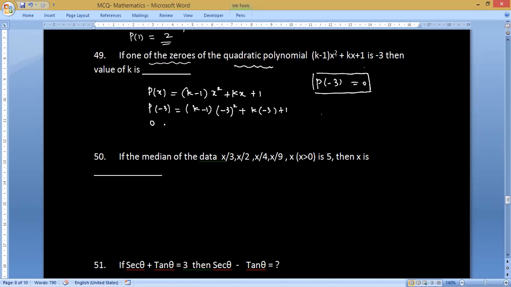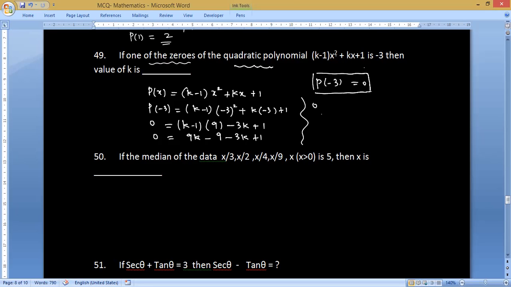P of minus 3 is 0. (k minus 1), minus 3 square is 9, minus 3k plus 1. Again, 9 into k is 9k, 9 into 1 is 9, minus 3k plus 1.